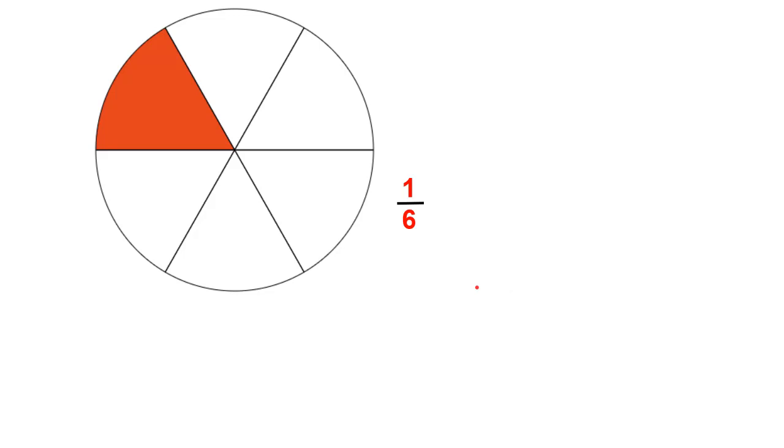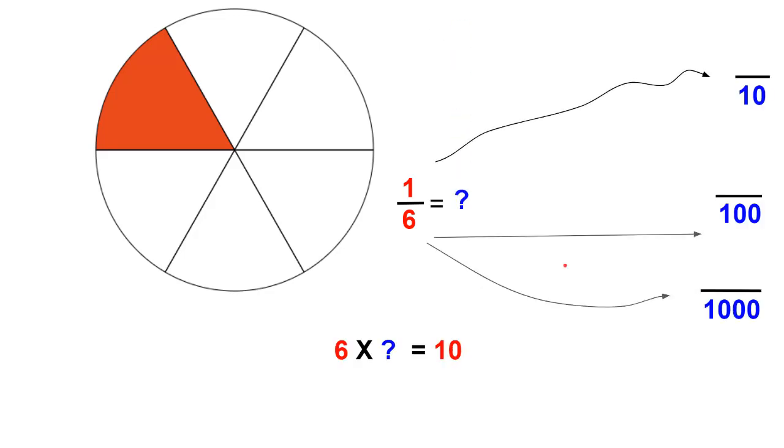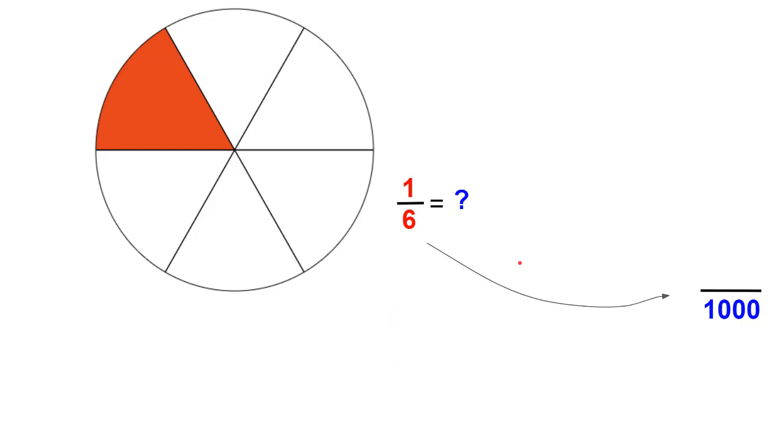Let's see what we do with 1 over 6. I'll skip the part with 10, 100, and 1000, because none of them can be divided evenly by 6. And I'll use long division again. 1 is smaller than 6, so it's 0 point something.